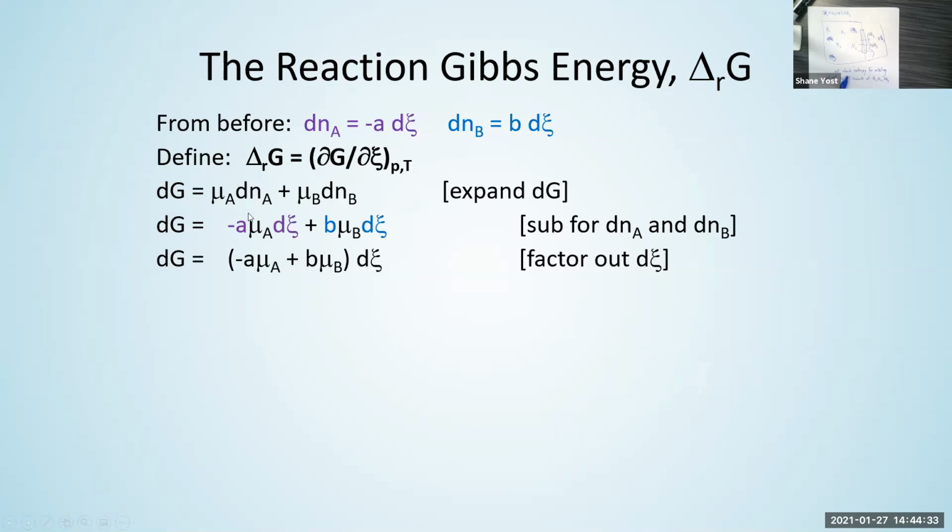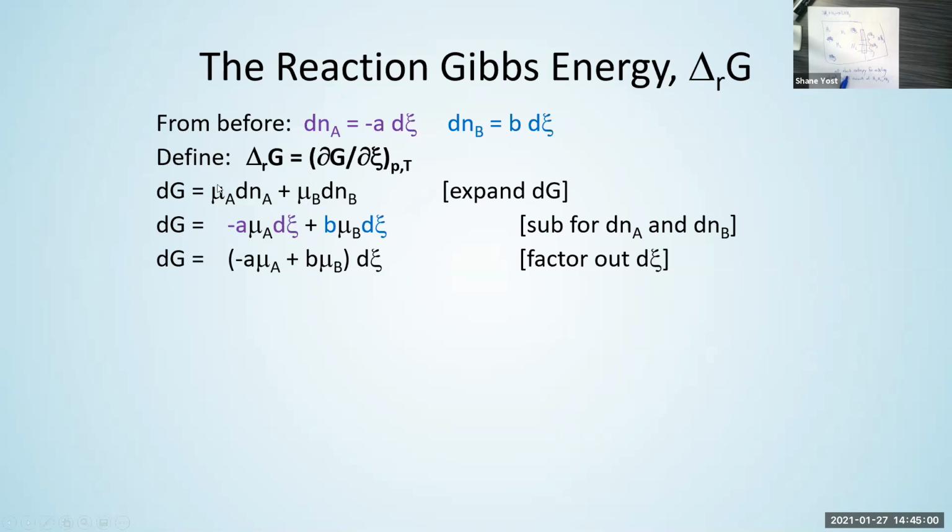Because the change in number of moles of reactants times its chemical potential gives you the change in free energy from the reactant side, and the change in number of moles of products times its chemical potential gives you the change from the product side. Again, the chemical potential is just related to free energy divided by the number of moles of that thing. So this mu A is like Gibbs free energy divided by number of moles of A, and mu B is like Gibbs free energy divided by number of moles of B, right?